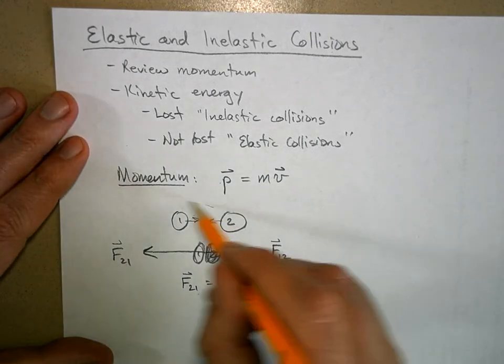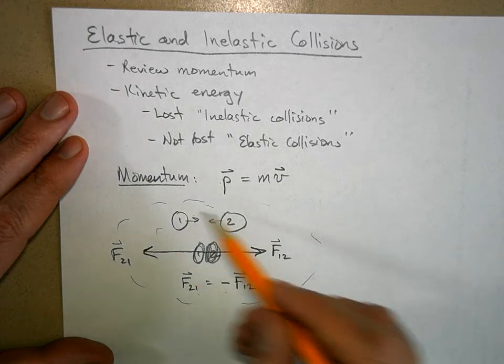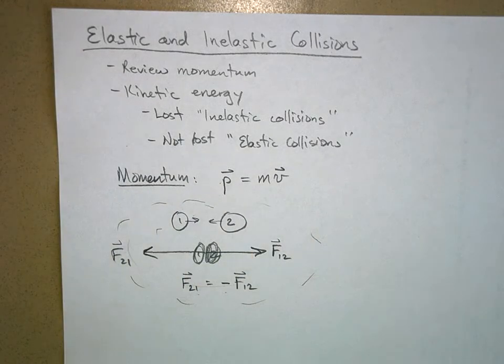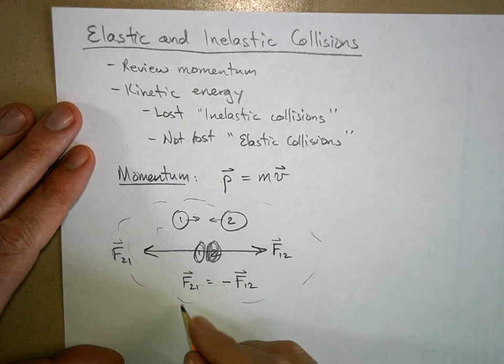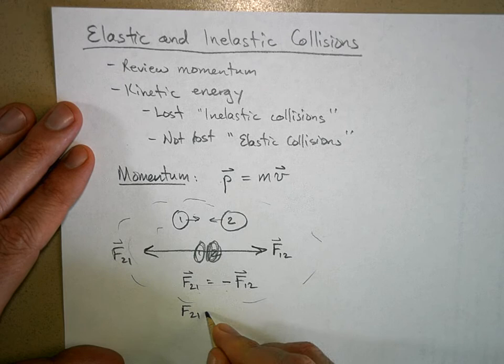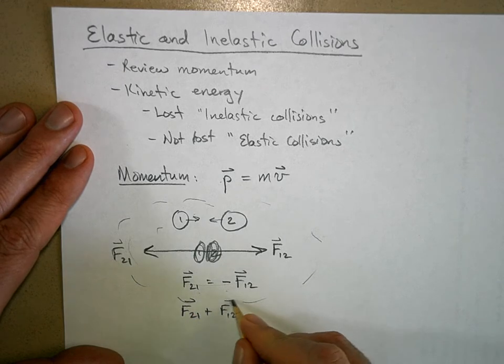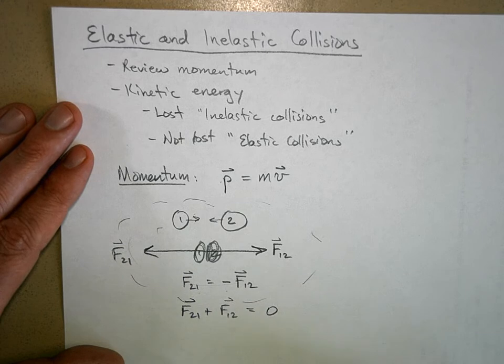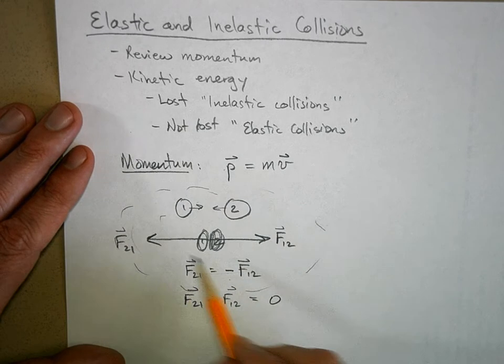Which means if I treat this whole thing as one system, there are no outside forces acting. We're going to isolate it. So we can say that F2 on 1 plus F1 on 2 is equal to 0. And here's another thing we can do.